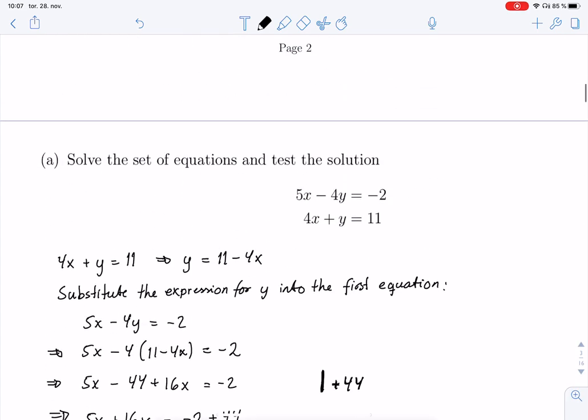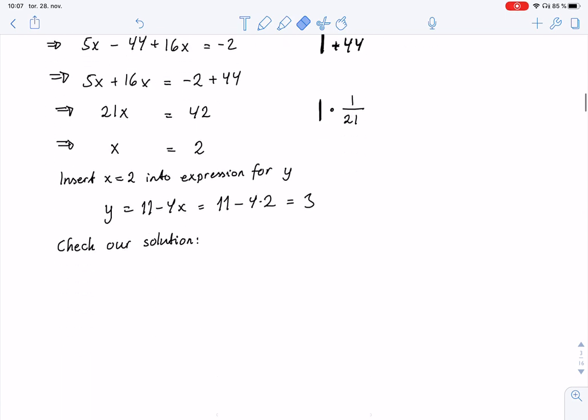We're actually asked here to test the solution, but it is a good idea to do it anyway, because if you've done something wrong, you will discover it. So in the first equation, we had 5x minus 4y. So we get 5 times 2 minus 4 times 3, which is 10 minus 12.